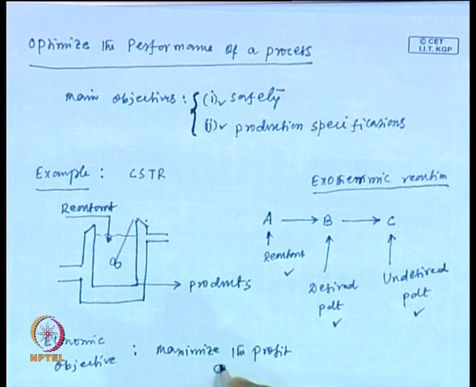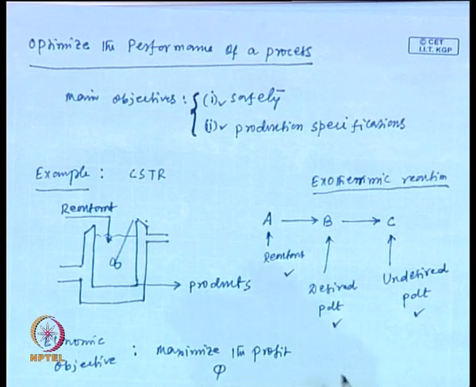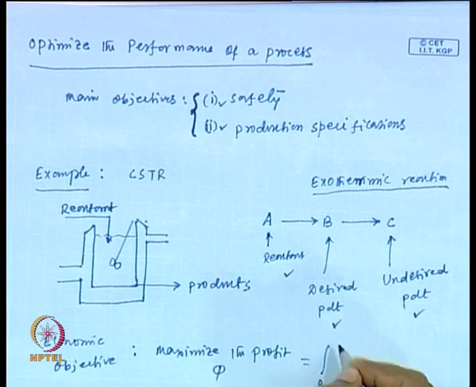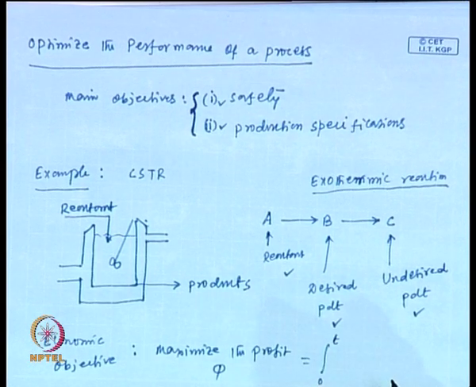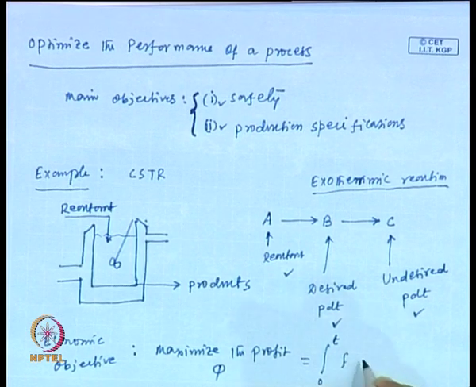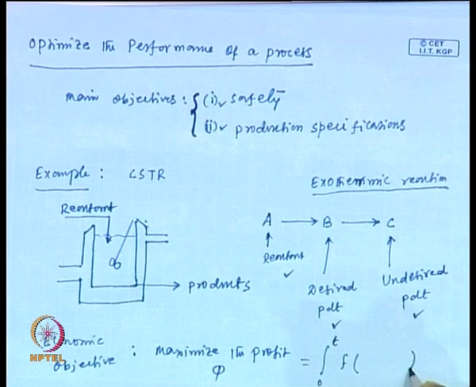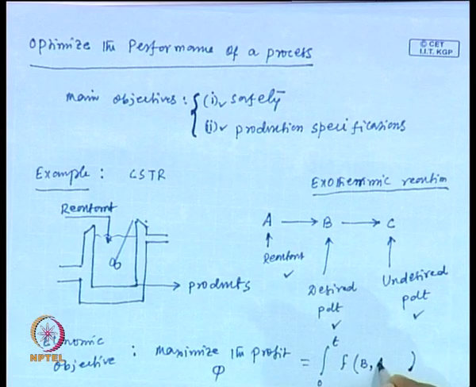Now, suppose the profit function is phi, and this is the integration from 0 to T. T is nothing but the operational time, and here one function will be there. This function is in terms of revenue from the sales of product B, then it includes the cost of reactant A, and then the cost of coolant.